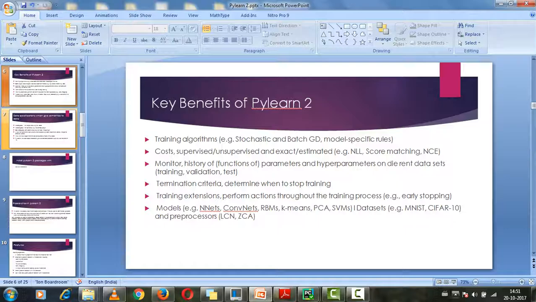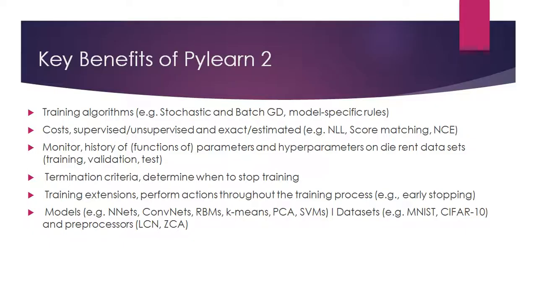It also covers training cost, supervised, unsupervised, exact estimation, natural language processing, score matching, and the termination criteria, which tell us when to stop the training, because if our input features keep repeating or provide the same features as before, we have to stop. Early stopping if we want to stop early.